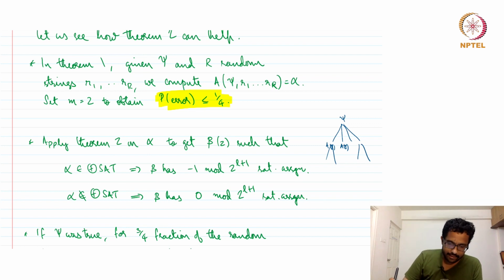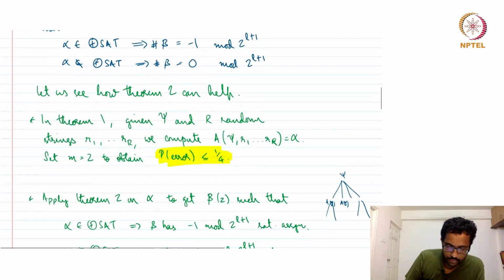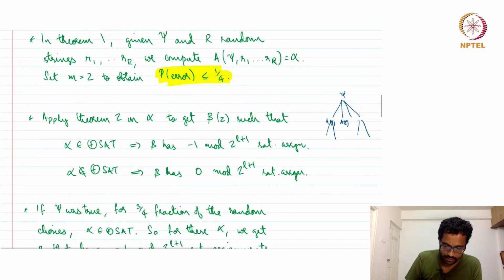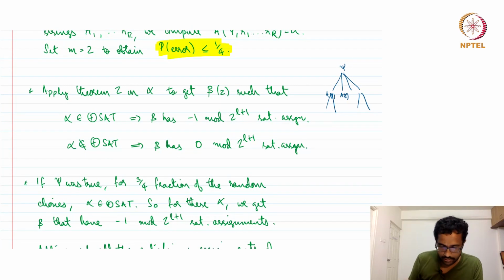If it is a yes instance, now let us apply theorem 2. Theorem 2 says that if alpha is a yes instance of parity set, beta has minus 1 mod 2 power l plus 1 satisfying assignments, and if alpha is a no instance, beta has 0 mod 2 power l plus 1 satisfying assignments, which is what I have just copied down here. So we apply theorem 2 on alpha to get beta, which has this condition.